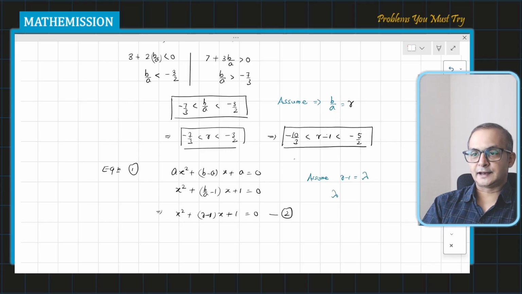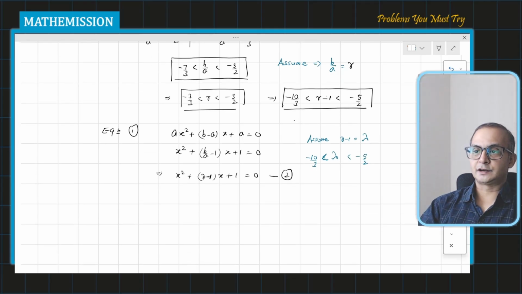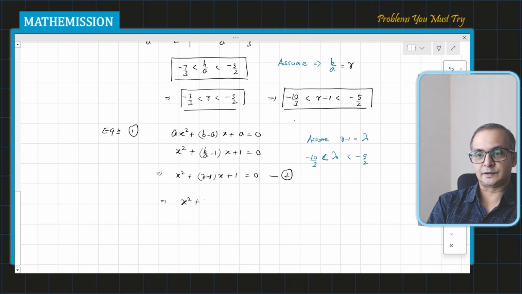It means lambda is lying between negative 10 by 3 and negative 5 by 2, and this equation 2 will turn into another equation in terms of lambda, that is x squared plus lambda x plus 1 is equal to 0.